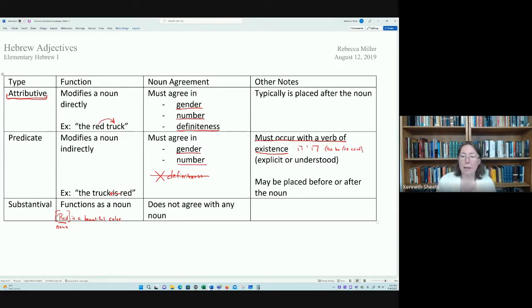And once again, that verb may be explicit, that is written out, hey yod hey, in the text, or the hey yod hey may not be written in the text but be perfectly understood from the context. And the predicate adjective may be placed either before or after the noun.